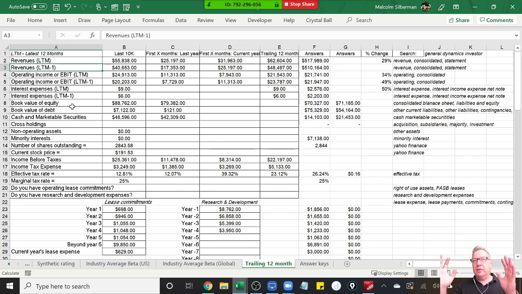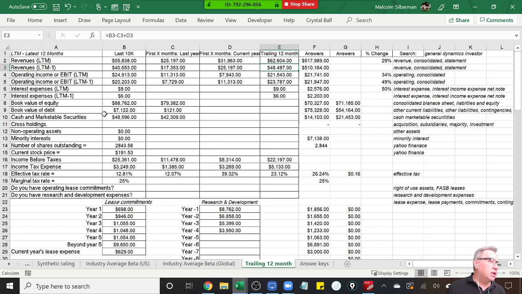Well, LTM is the last 12 months, in other words from June back 12 months. LTM minus 1 is last year's June, back 12 months into 2017. So it's for comparison purposes. It's a year ago. It's going to tell us what the difference in revenues is over a year.